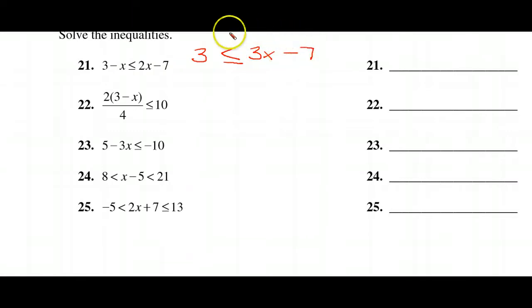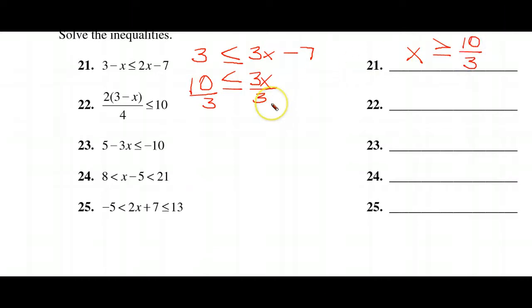We're now going to take the negative 7, bring it over. This will become a 10 is less than or equal to 3x. Divide both sides by 3. And you can write it this way for number 21. X is greater or equal to 10/3.